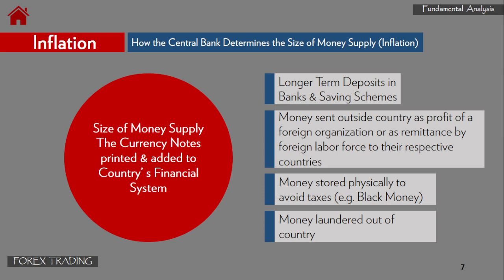Then they also look at money sent outside the country as profit of a foreign organization or as remittance by the foreign labor force to their respective countries. They also look at money stored physically to avoid taxes, for example, black money, where people keep money at home or some safe places. And then some money which is laundered out of the country. They factor in all these factors to determine the size of the money supply.